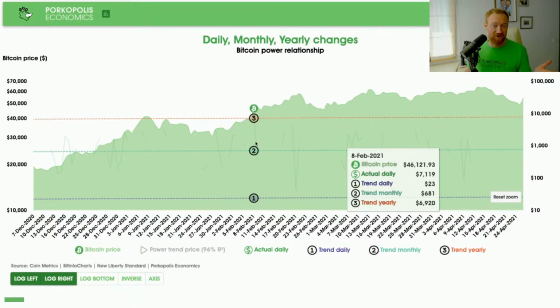It's only $100, and the price action on the day in February 8th, 2021 was 7,000. All right, so that's just to show you how we're taking future price action and bringing it to the present with our overvaluation, so to speak. So again, it's a good top signal, or at least close to the top in 2021.